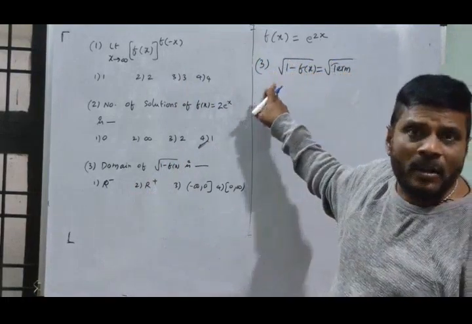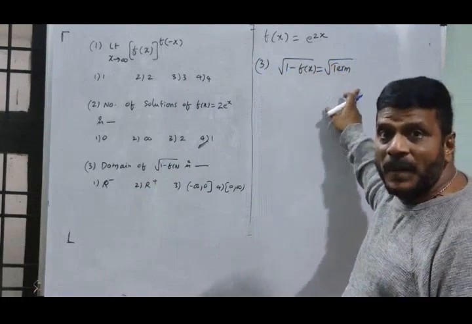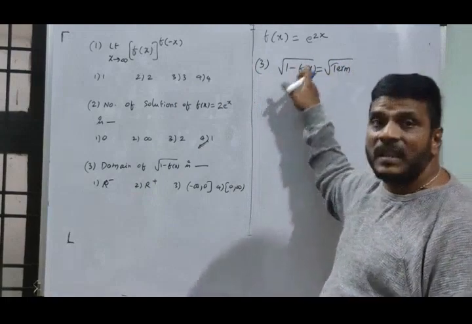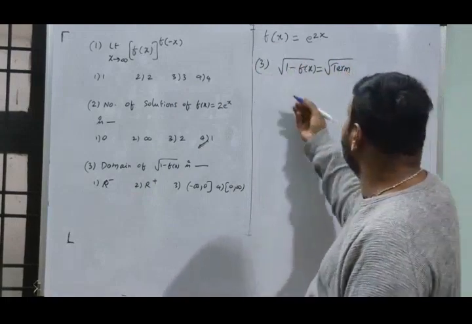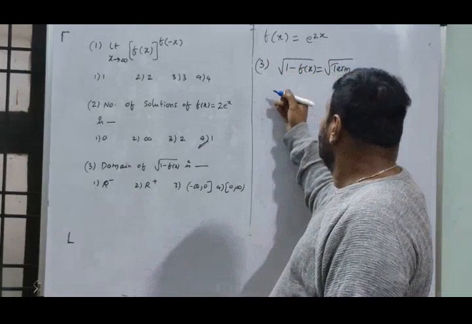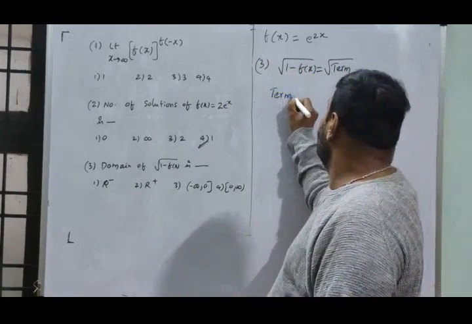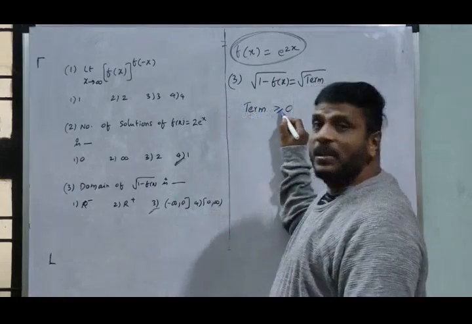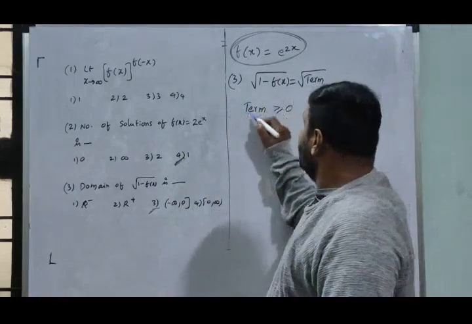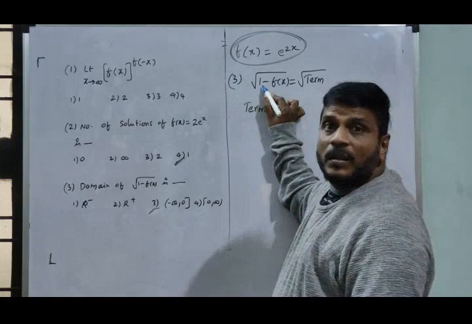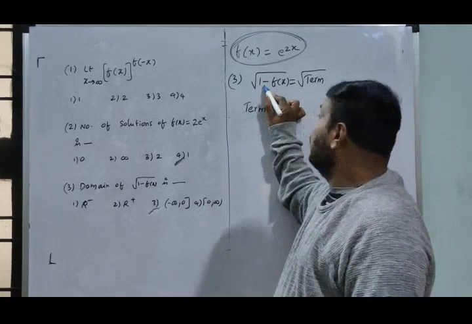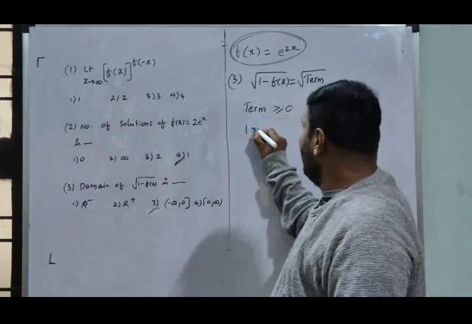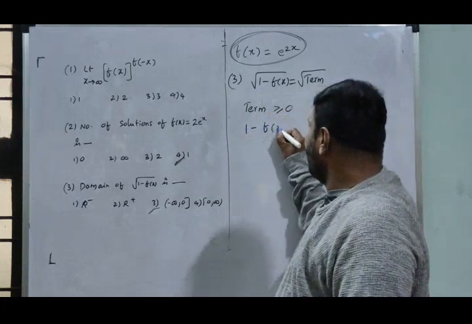So to find out the domain of this function, the term inside of the square root should be greater than or equal to 0. What is the term here? Inside of the square root is 1 minus f of x. So substitute here.